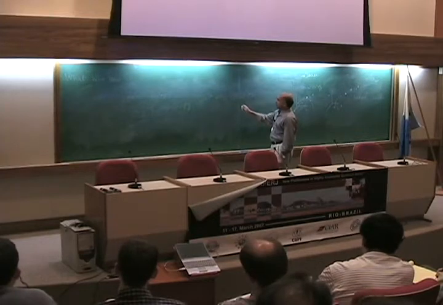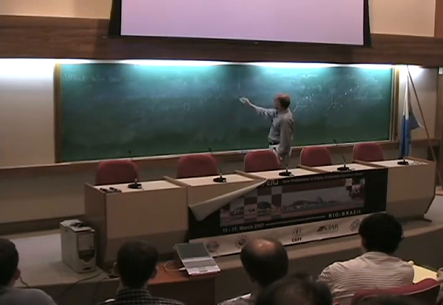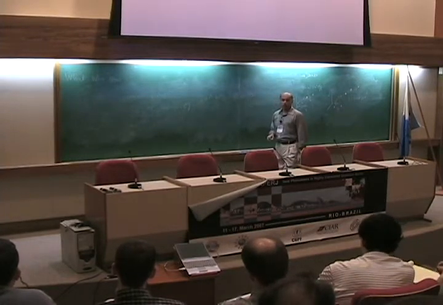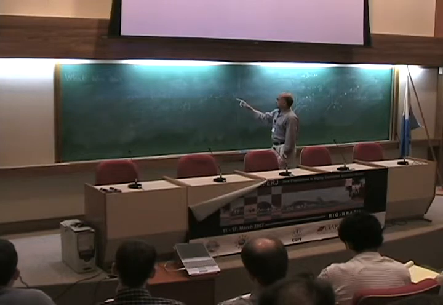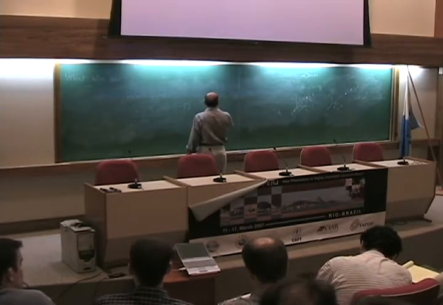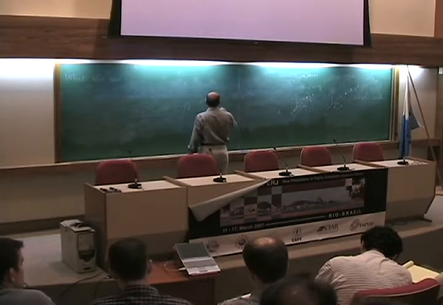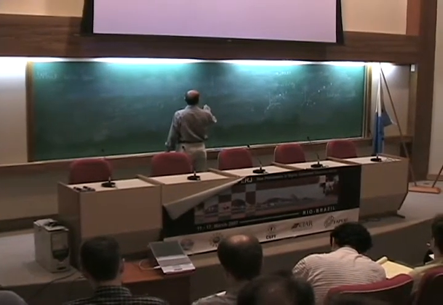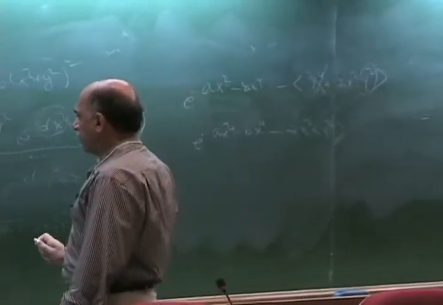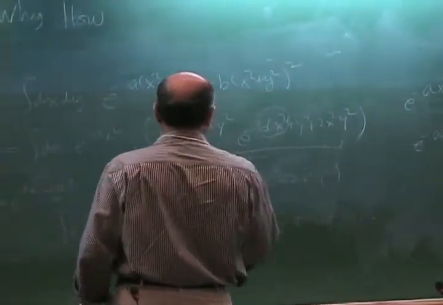So y to the fourth is a number, which in the Boltzmann way makes no difference. This x squared is not a variable in integrating. Average of y squared is some number, maybe 1 over 8. So the whole thing gives me e to the minus ax squared minus bx to the fourth minus 2x squared times the average of y squared. When I say average, it is done with this Boltzmann weight.